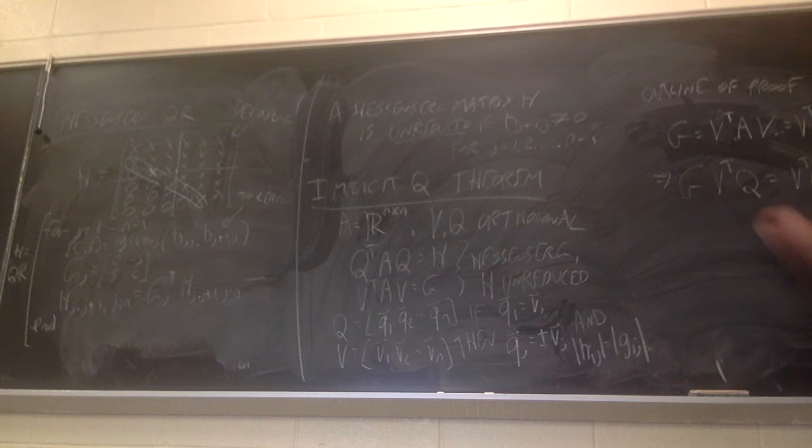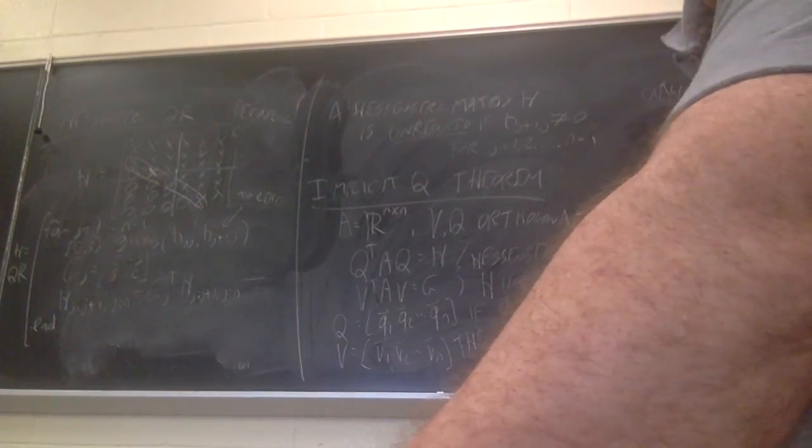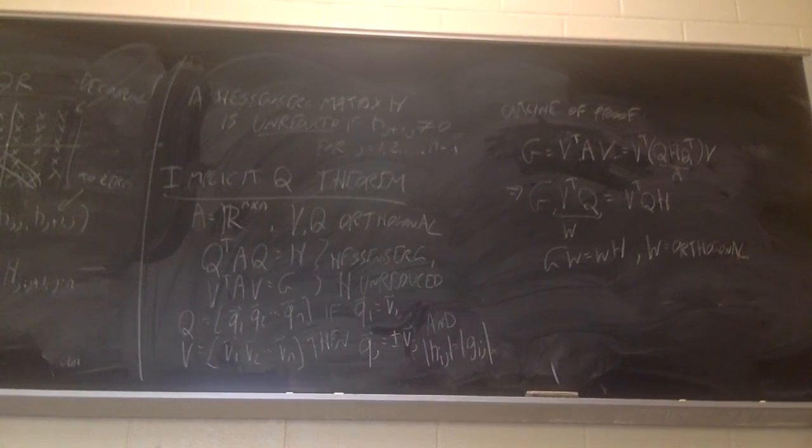I'm going to call this W. So GW is equal to WH. So that's how the two are related. Furthermore, W is orthogonal. And the reason why is, whoops, sorry to whoever watches this later.